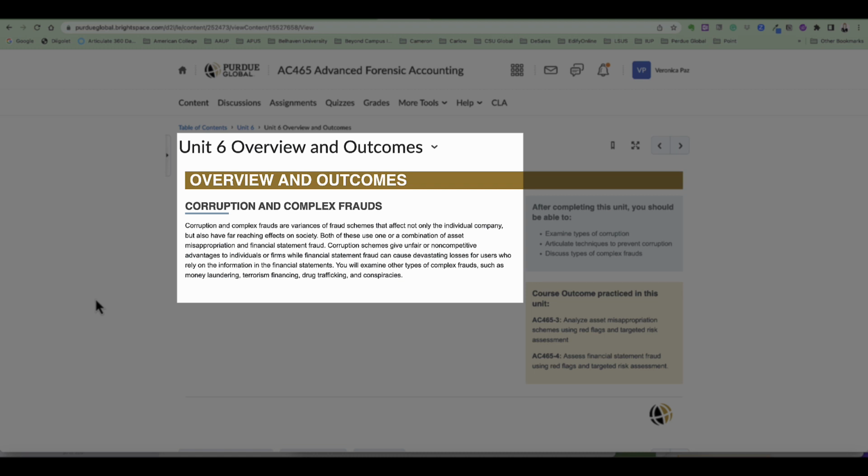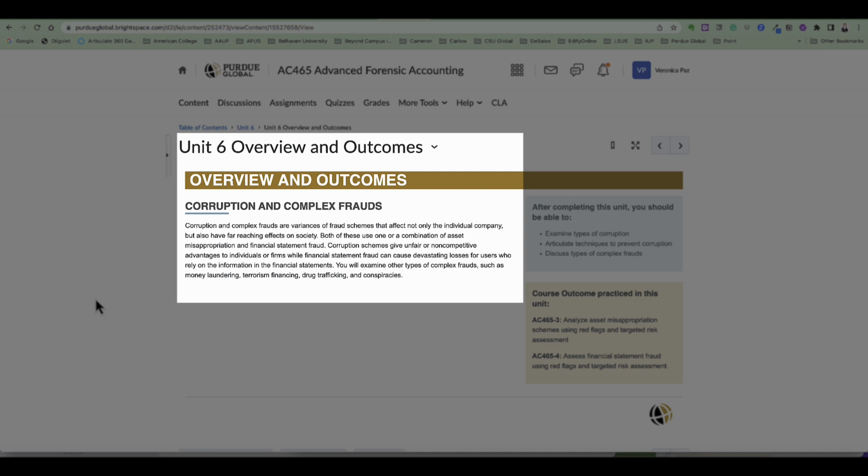Both of these use one or more combinations of asset misappropriation and financial statement fraud. Corruption schemes give an unfair or non-competitive advantage to individuals or firms, while financial statement frauds can cause devastating losses for users who rely on the information in the financial statements.